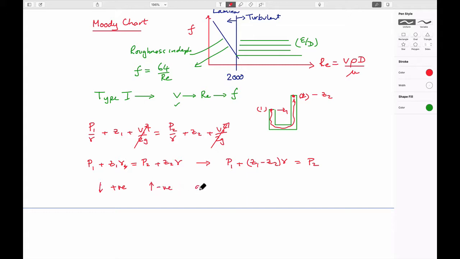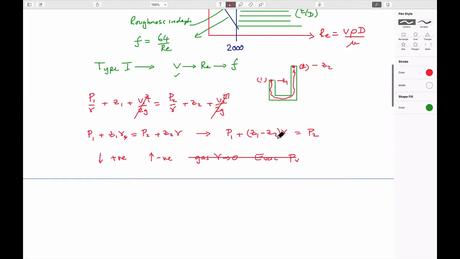If we're in a gas, which we won't be, then the unit weight goes to 0. And if it's evacuated, then we use the vapor pressure of the system. These ones don't matter for the purpose of this exam, but going up and down in the system and writing the pressure changes between 2 points is something that perhaps you should look at.